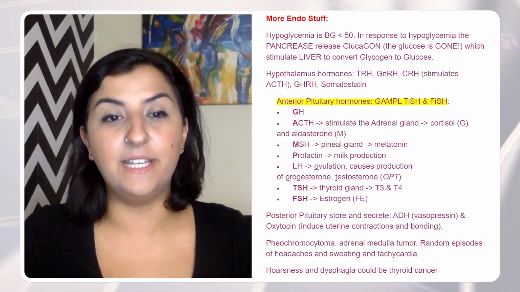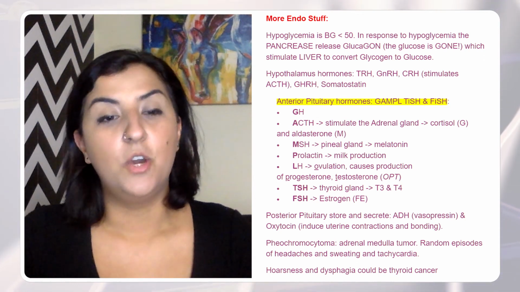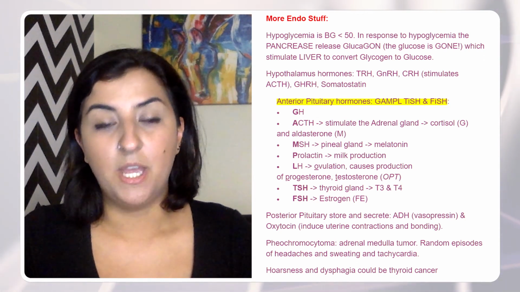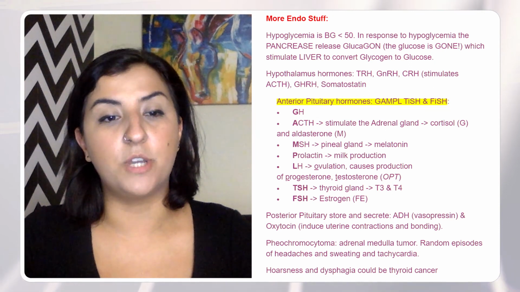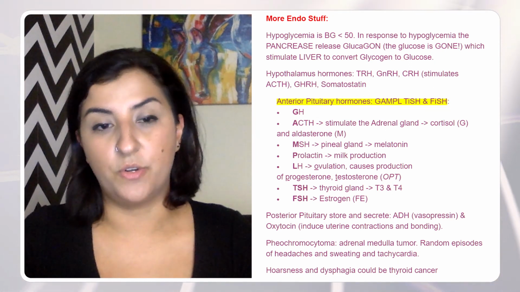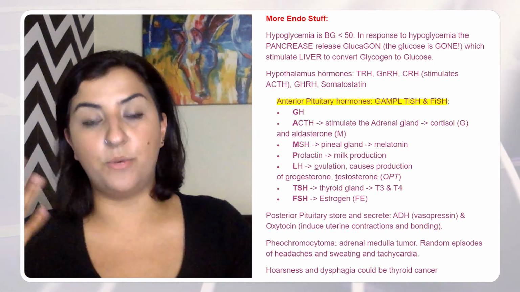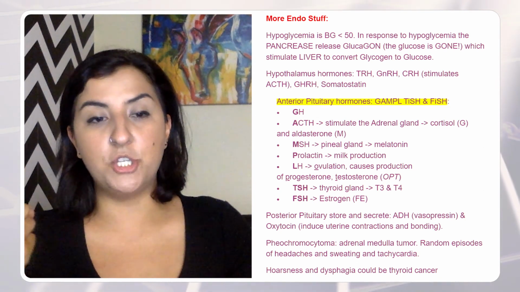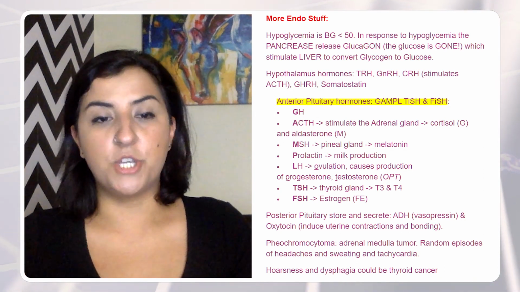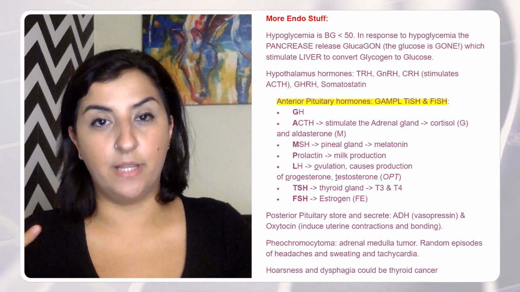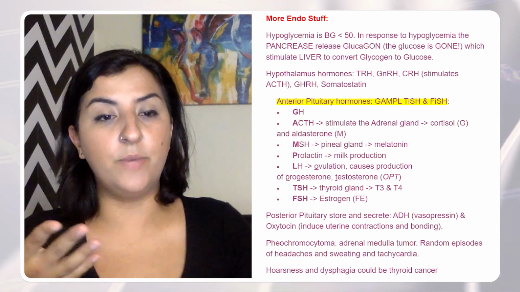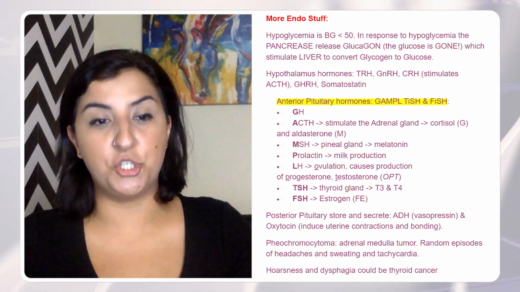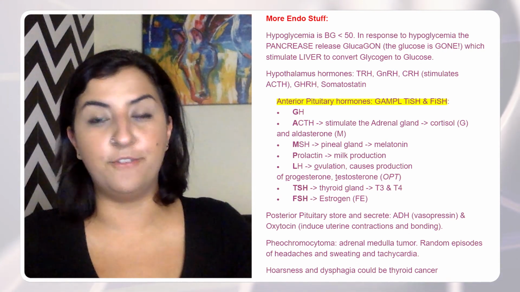And then the L in Gampol is the LH, which is your ovulation, and it causes the production of progesterone and testosterone, okay? So LH does three things, OPT: ovulation, progesterone, and testosterone, okay? That's your LH. And then we have the Tish and the Fish, okay? What the hell is a Tish and a Fish?